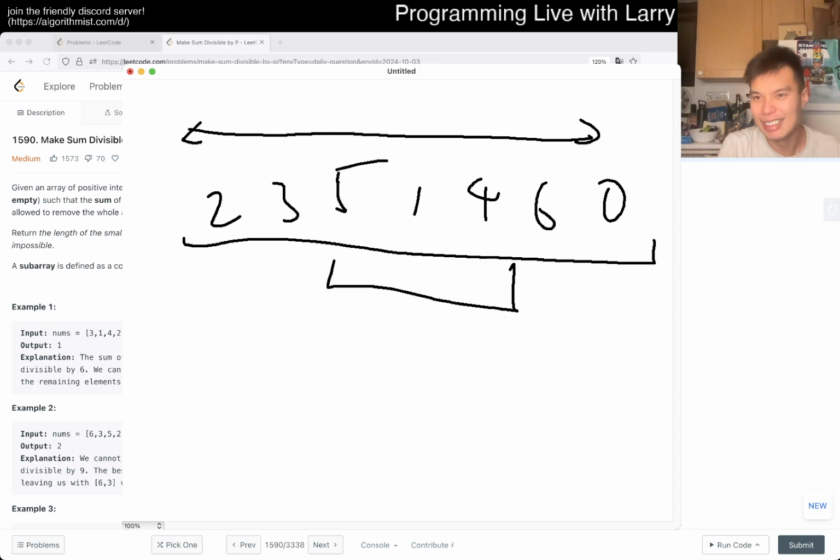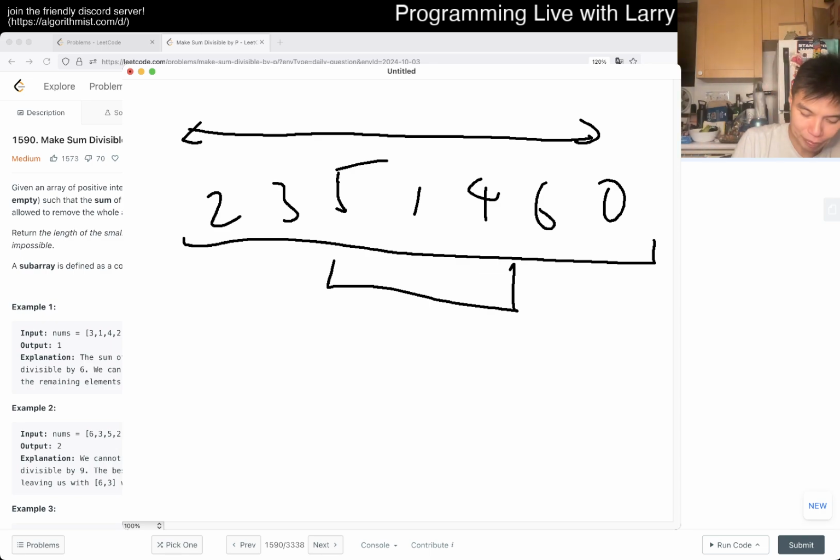I don't even know if they're super useful for interviews, honestly. I don't know that many instances of hardcore divisibility things.